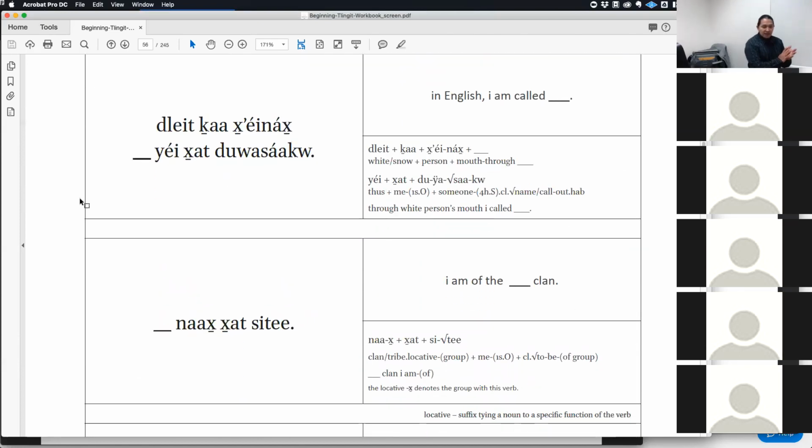You could also say, and this is sort of the thing when we're using these patterns, in the flow of language, you might say, my name is Lance, I'm Tlingit, it's Chone, I'm from here, you know. So you don't necessarily have to do the full sentence every time.